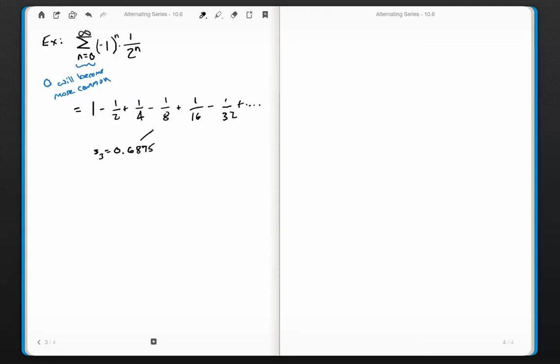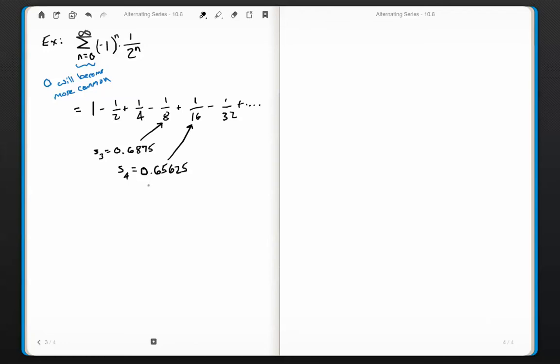That's the partial sum. 1/8 is not equal to this. That's the sum at this point. The next sum, S sub 4, equals 0.65625.